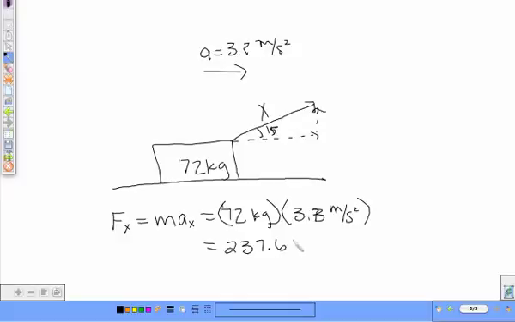Okay. So now we have f of x, 237.6. Yep, we know the angle, so then we can find x. 0.98. So there we go.